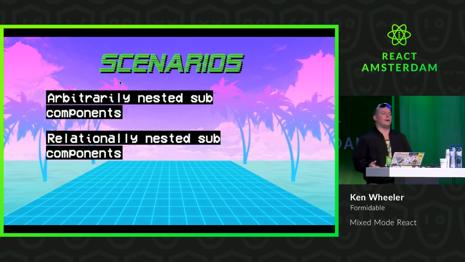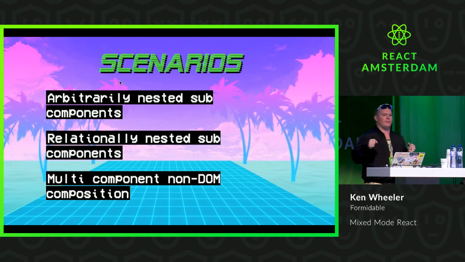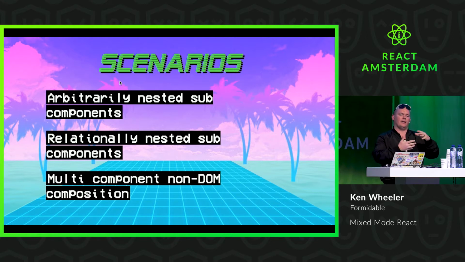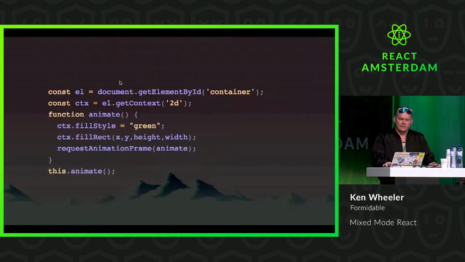Relationally nested subcomponents, things that work together based on their position in the tree. And multi-component non-DOM composition: if you want to take an API that's imperative, make it declarative, and have a bunch of different components come together to compose something that you would normally write in a line, this is how you would do it. So let's talk about how to reactify non-React things.